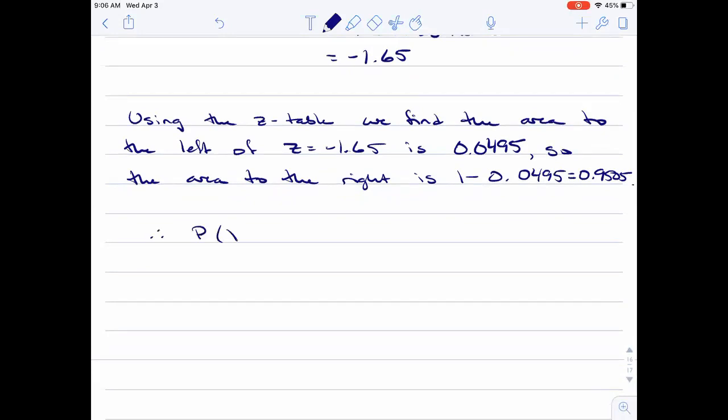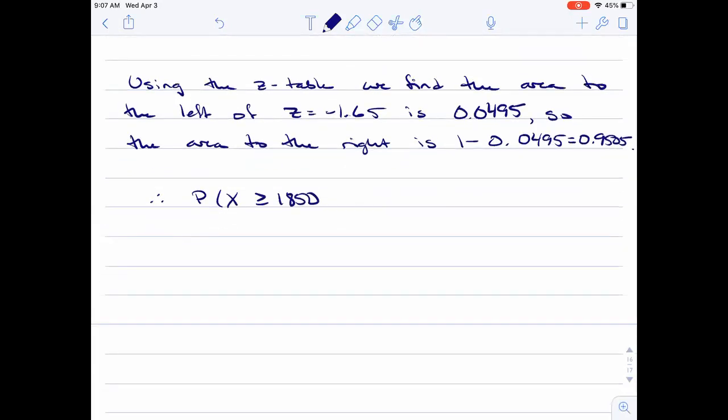Therefore, the probability that X is greater than or equal to 1850, and it actually doesn't matter if it's just greater than or equal to, so whichever one you prefer, is 0.9505. And that's the probability that they meet their need for at least 1,850 units of O negative blood.